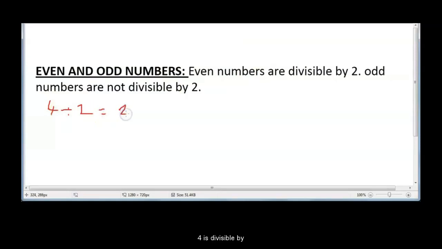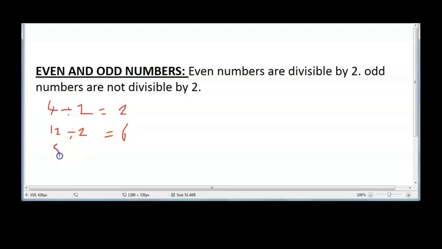So 4 is divisible by 2. That means 4 is an even number. 12 divided by 2 equals 6. That means 12 is divisible by 2. So 12 is an even number.